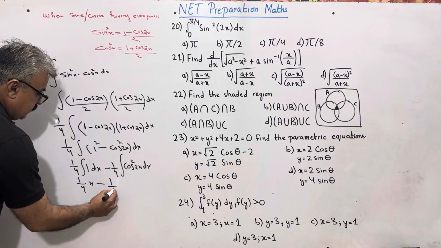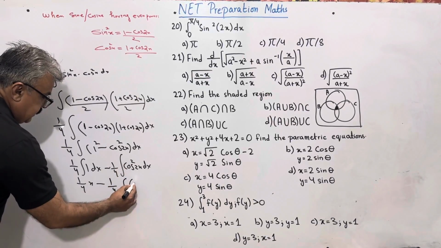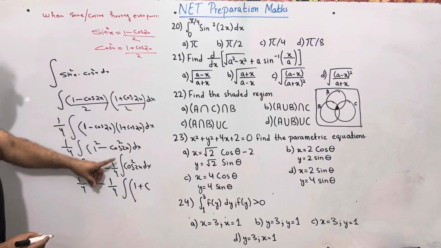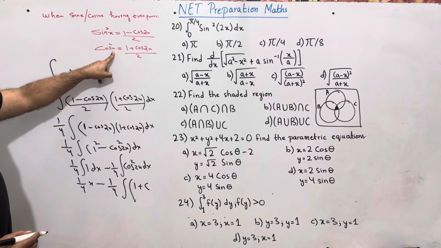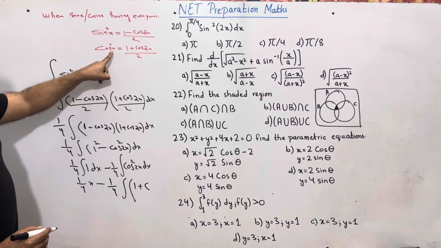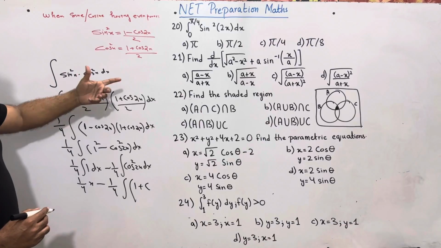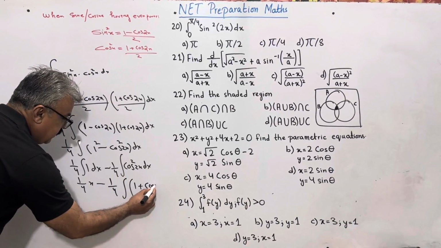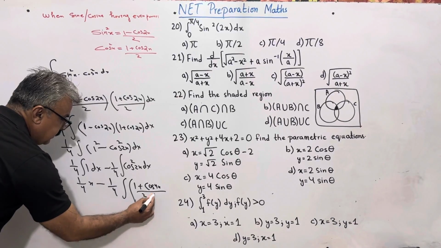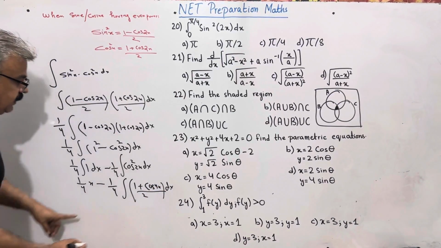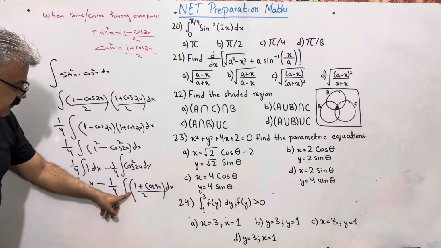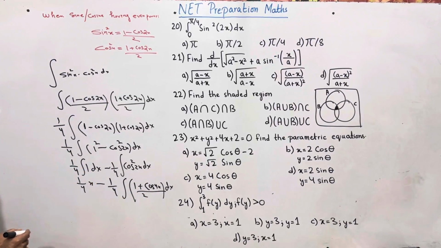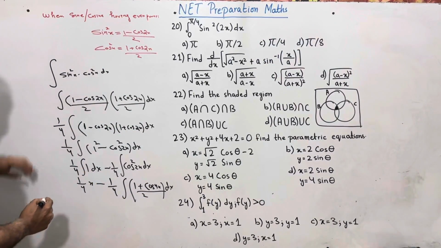Making the angle double, cos square 2x becomes 1 plus cos 4x over 2.